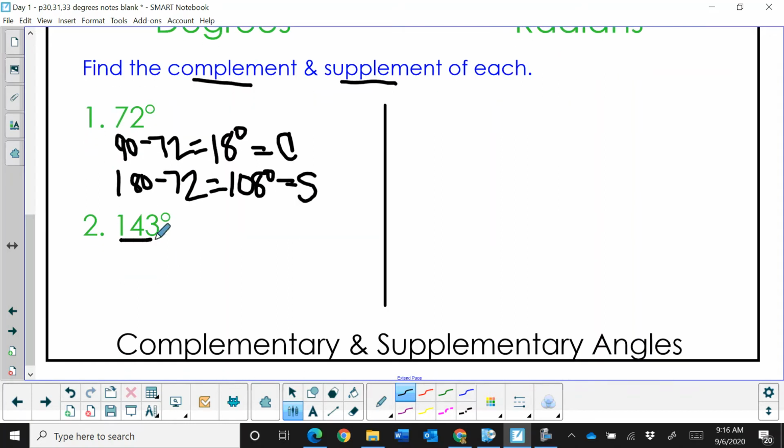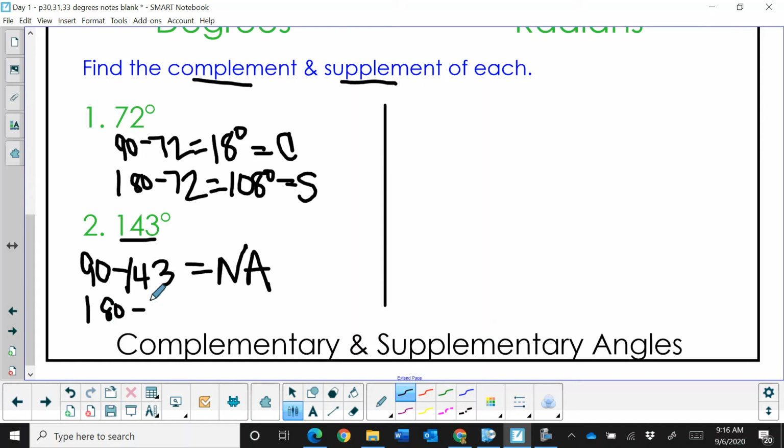Now let's look at 143. What is the complement? Well, what would I add to 143 to get 90? Well, since that is larger than 90 degrees, it does not have a complement, so it is not applicable. But we can find the supplement.